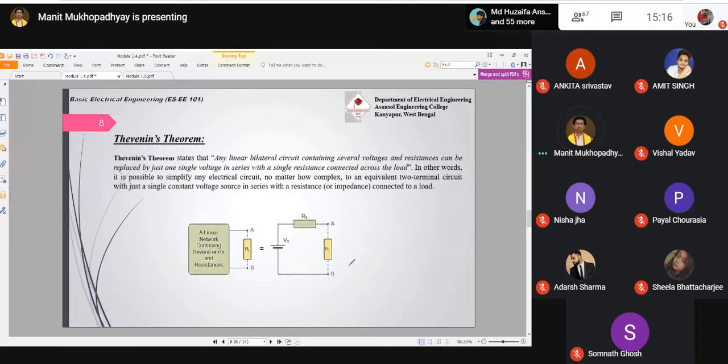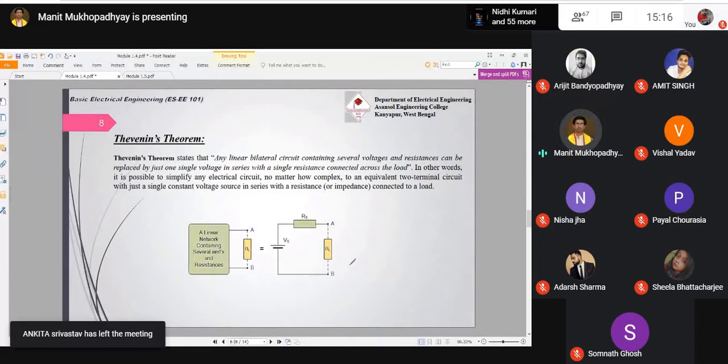Next we will go to Thevenin's theorem. I told you in previous classes that we need to minimize our circuit. Whatever circuits we are learning consist of either 2 loops or 3 loops.